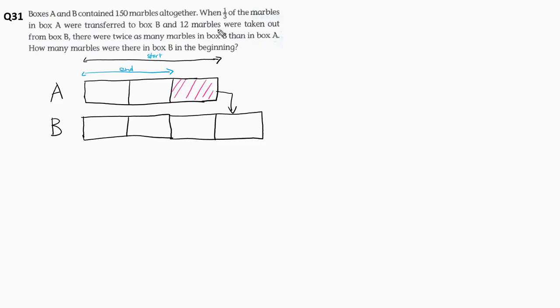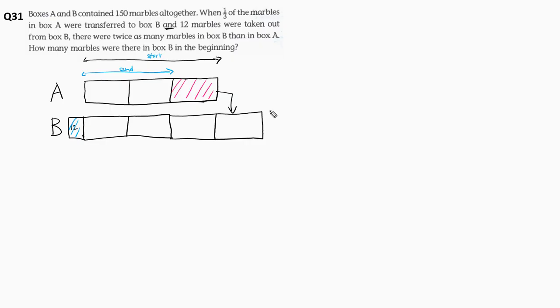Plus, now remember it said when 1/3 of the marbles from A were transferred to B and 12 marbles were taken out. And you could represent this in a variety of ways. One way that you might have seen in the answer booklet, they added a little section on here that had the 12, because we're ignoring those that have been taken out.